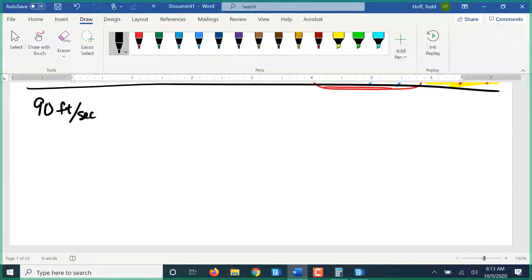Well, the question is, is that fast? We don't know because we're not used to seeing speeds as 90 feet per second. We're used to seeing them in miles per hour. So in order to decide if you believe me on that, we have to change feet per second into miles per hour.